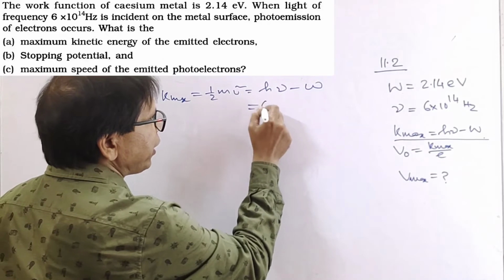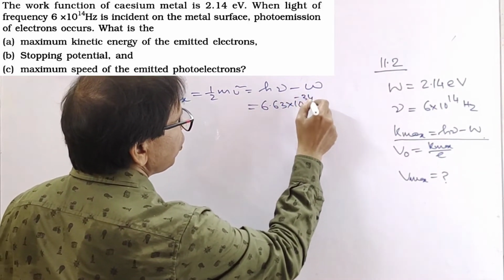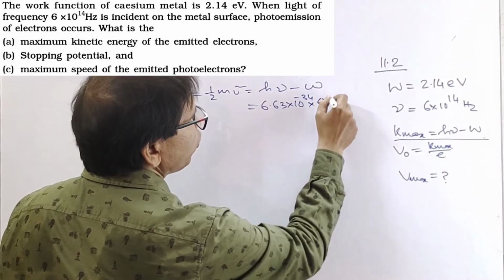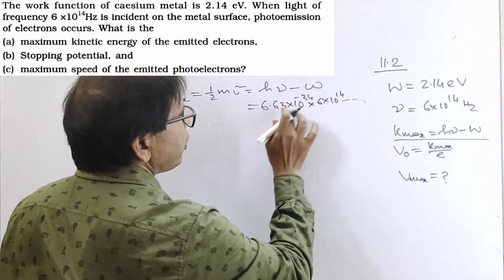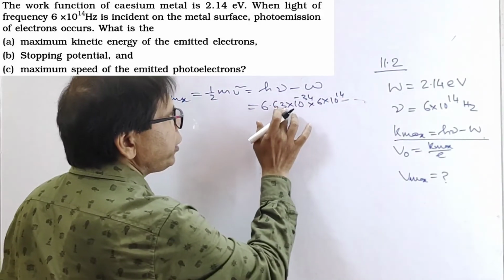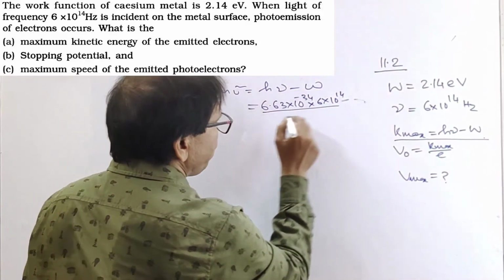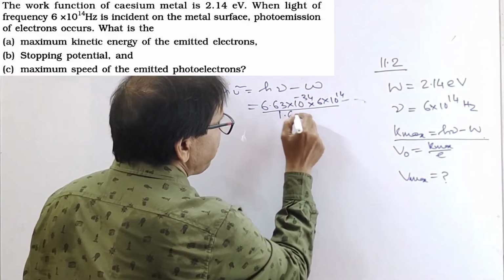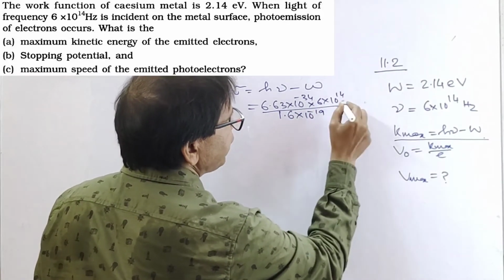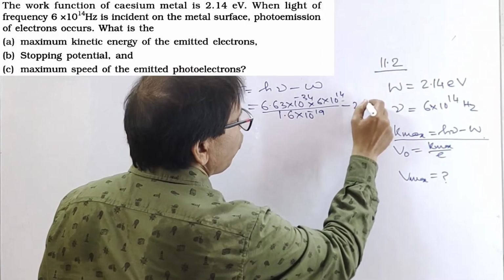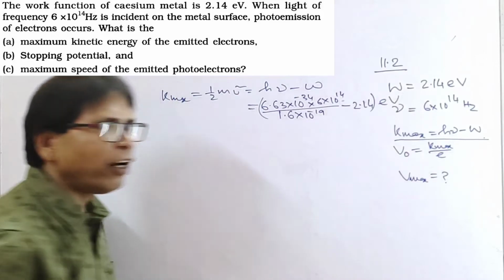Look at this, h is 6.63 into 10 to the power minus 34, nu is 6 into 10 to the power 14. Now this product is in joule, so it should be converted into eV by dividing by 1.6 into 10 to the power minus 19, minus W, that is 2.14 electron volt.